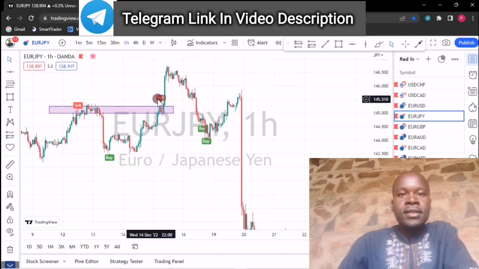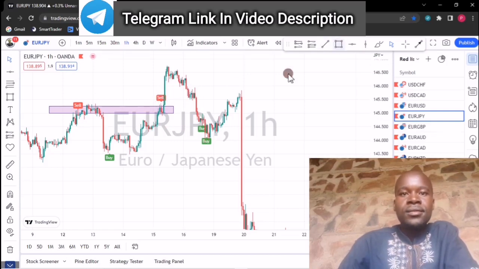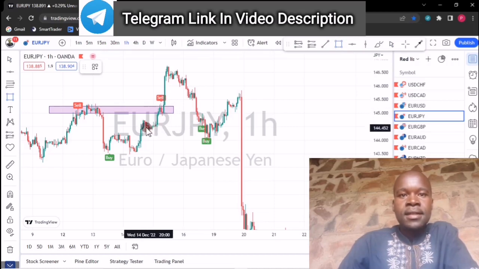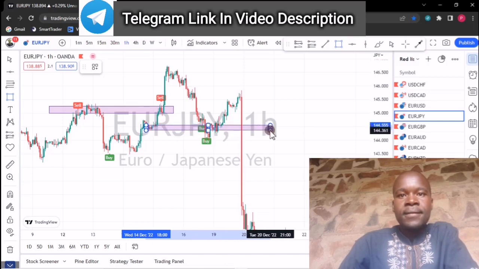The next thing, you have a sell label, sell signal. What you do, you identify the key level just before you got to this sell signal, and it was this key level.